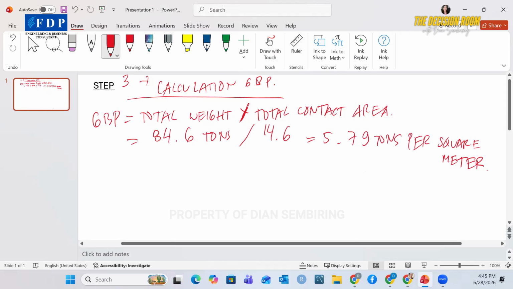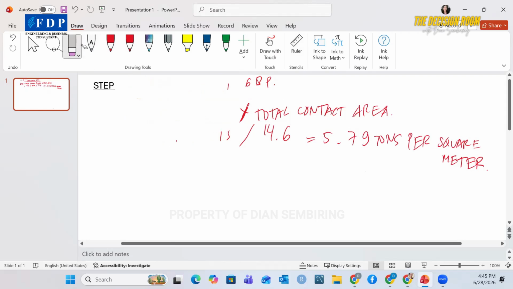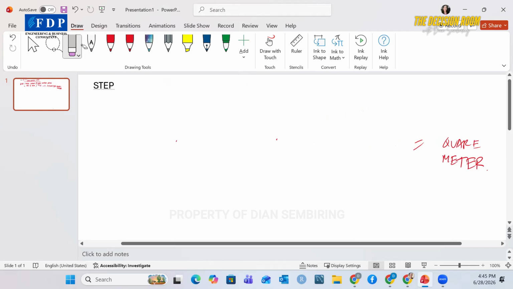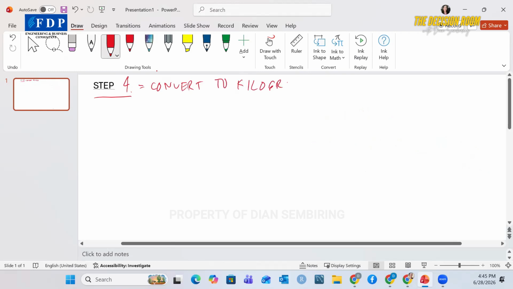Okay, so now we go to step number 4. If you want to know about all of this calculation, you can play back the video and then you can see all the calculation. Now we continue with step number 4: convert to kilogram per square meter.